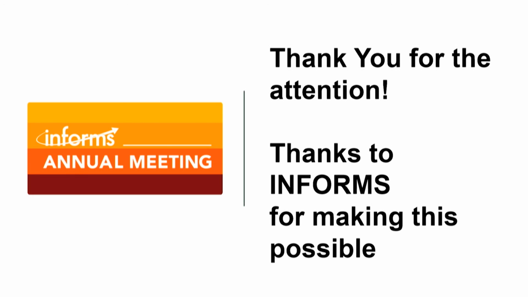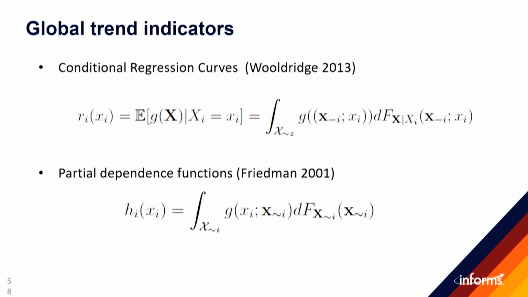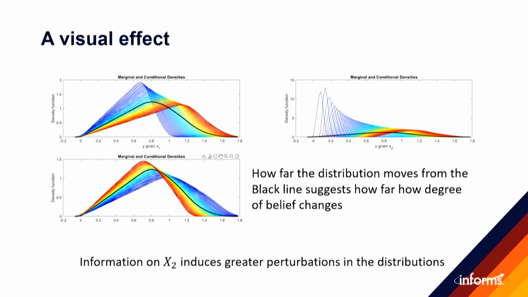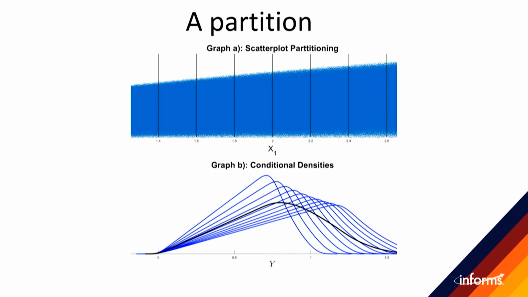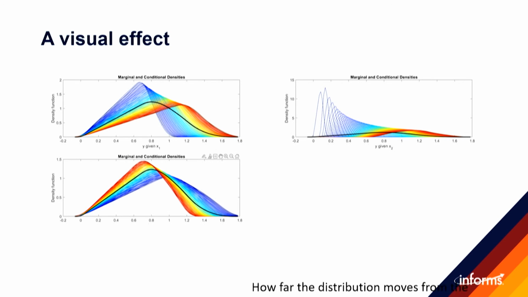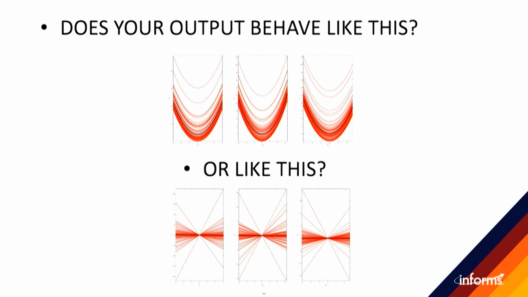Thank you. The nice thing about the data-driven approach we saw is that the inputs do not need to be independent. All these global sensitivity measures that we have seen, and even these functions, are valid even when your inputs are dependent. This result is very recent.